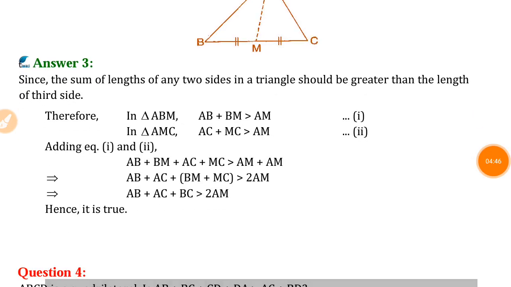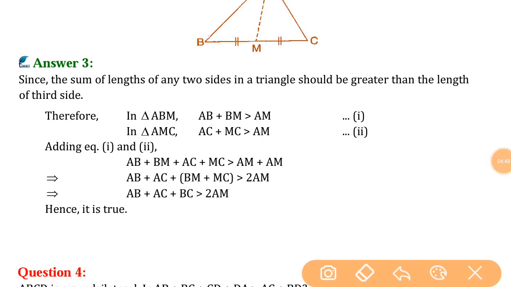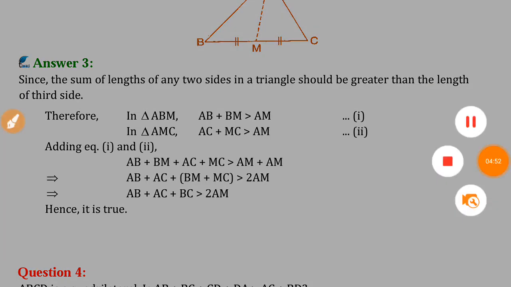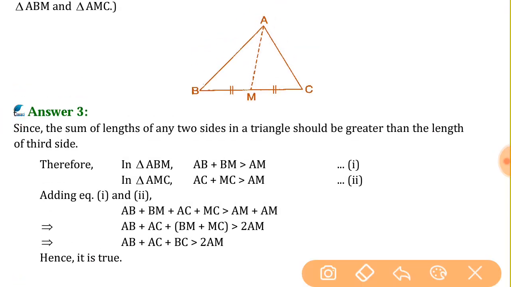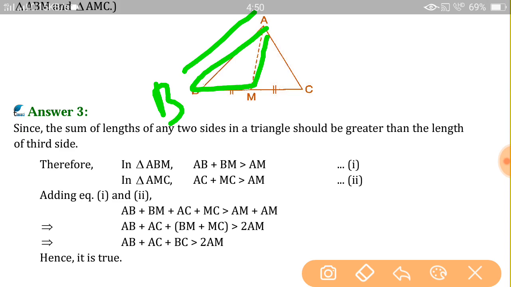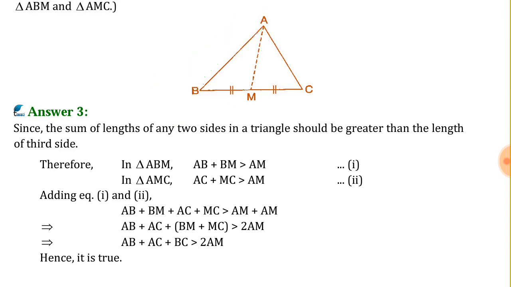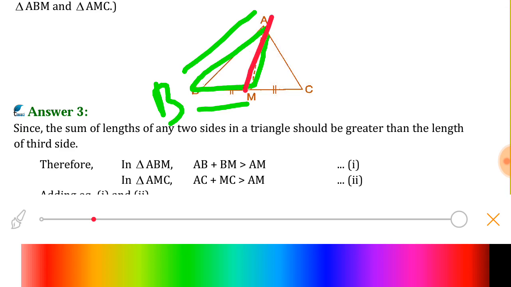Since the sum of the lengths of any two sides in a triangle should be greater than the third, in triangle ABM, AB plus BM is greater than AM. Equation 1.